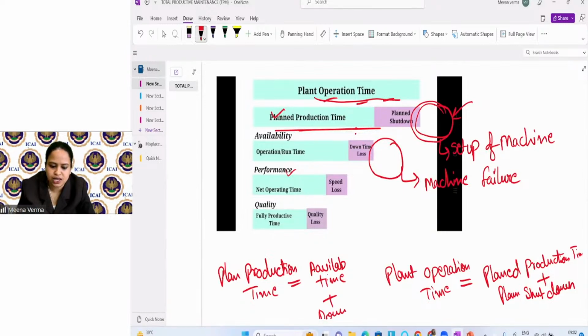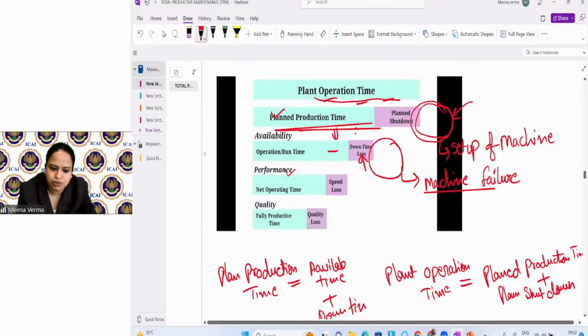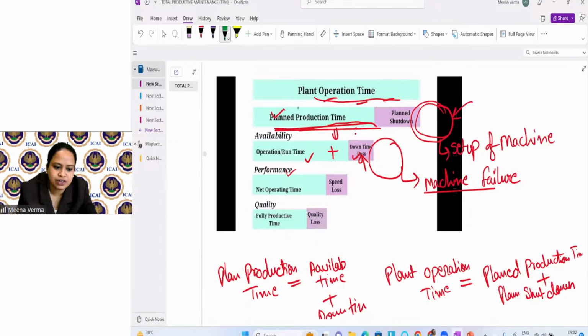See what is happening: in this formula you are considering downtime. Downtime happened due to machine failure. So the sum of these two values gives planned production time. Similarly, when you add planned production time plus planned shutdown time, you get plant operation time.